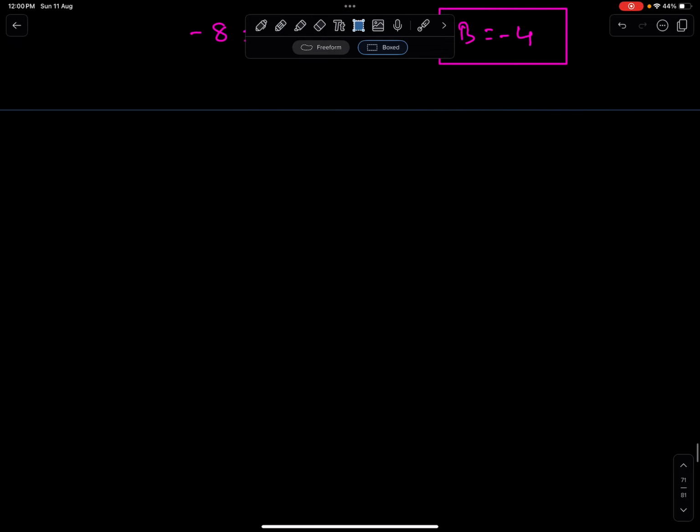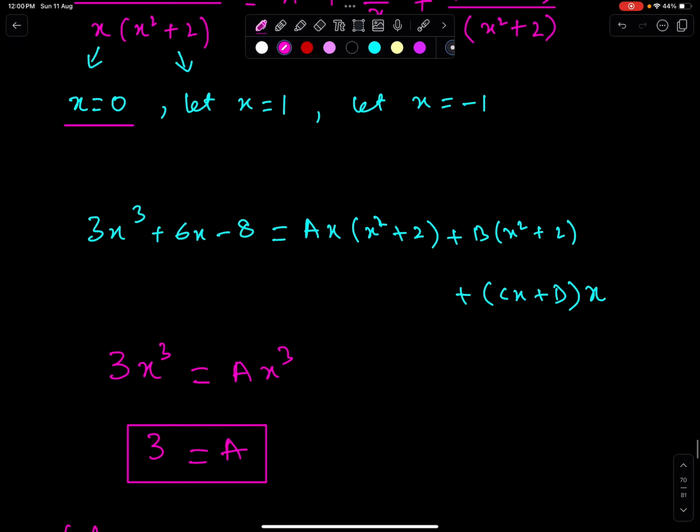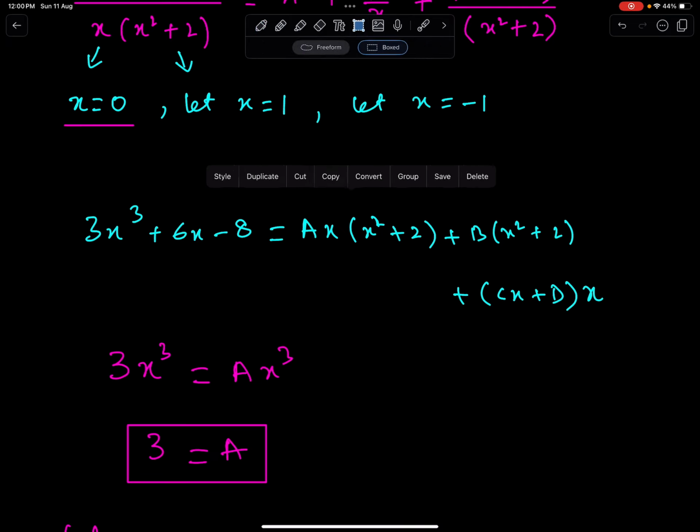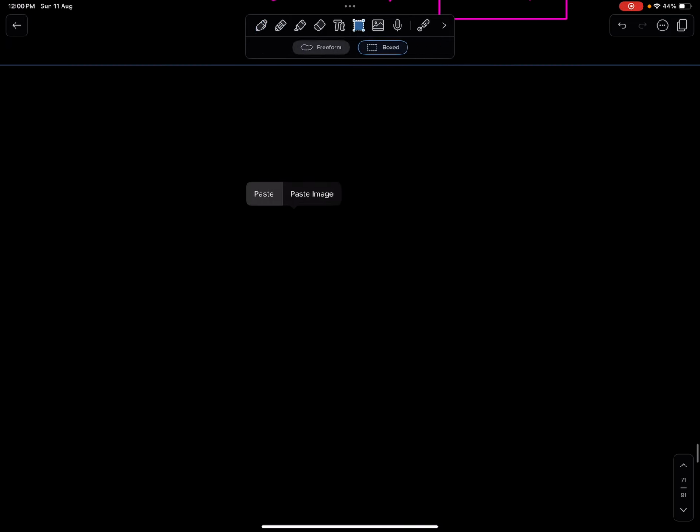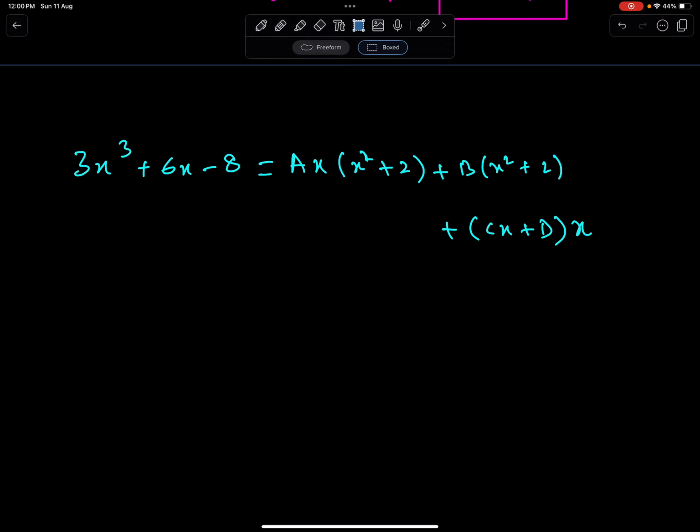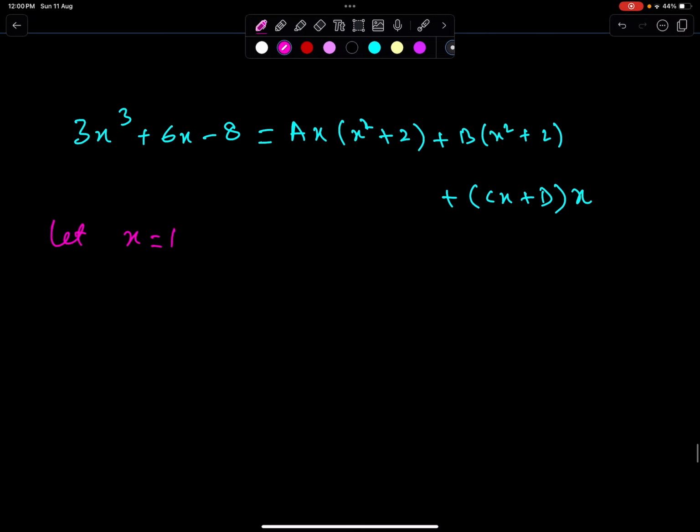Now let's substitute x = 1 into this equation. Let x be 1. So we have 3 plus 6 minus 8 on the left hand side.